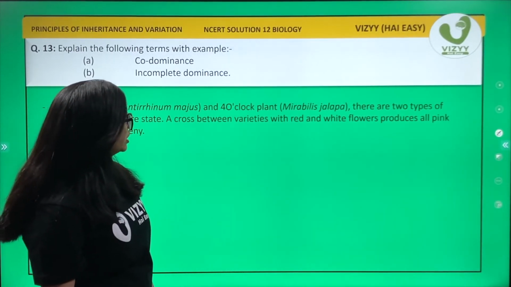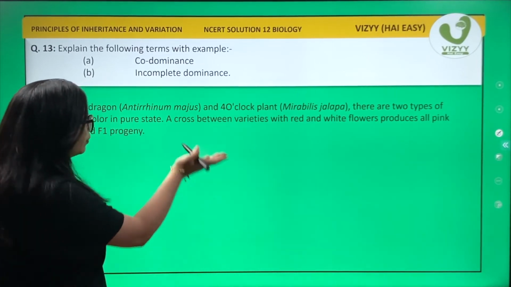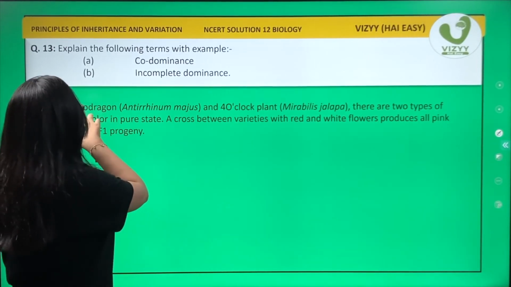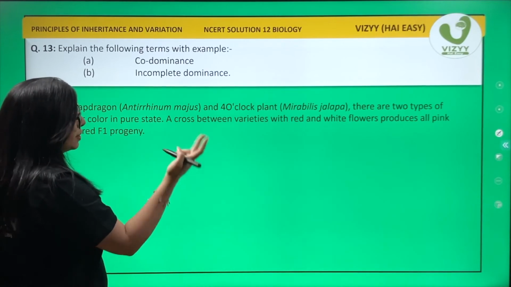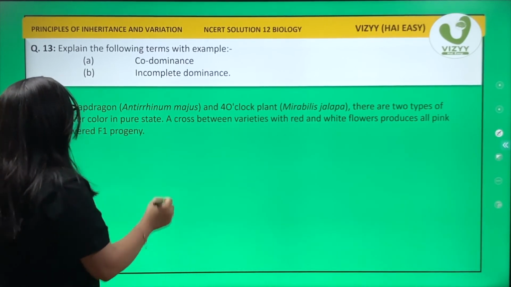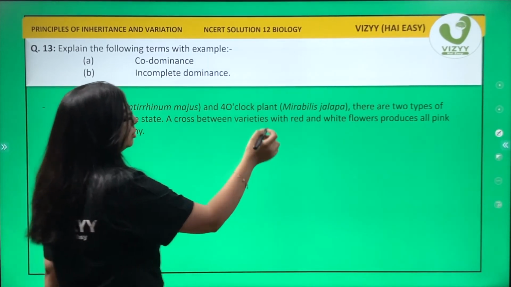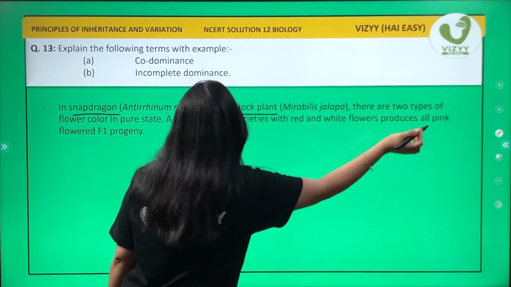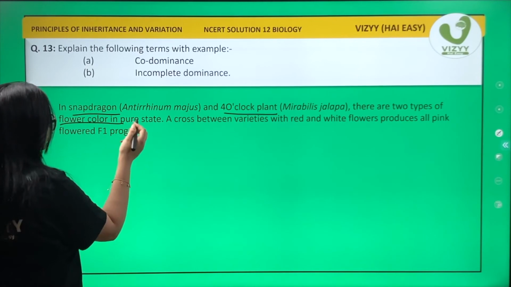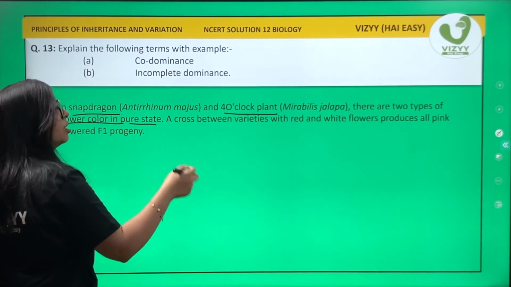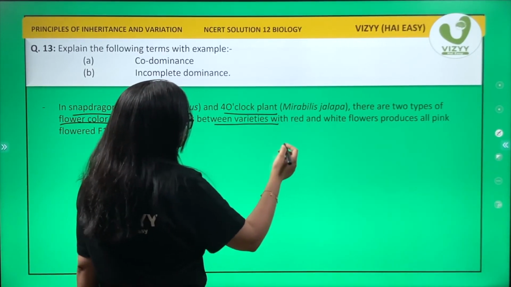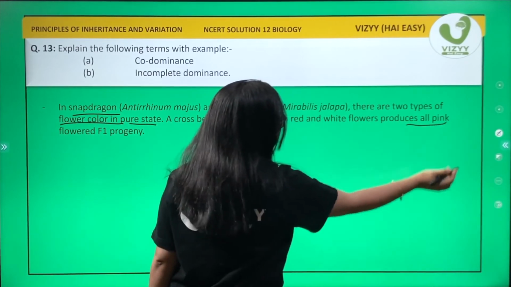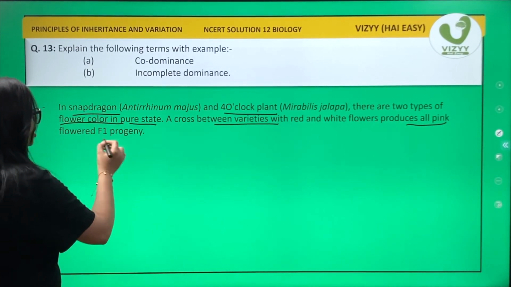Now, this is just an explanation of what we did previously. So there are two examples where you can see incomplete dominance, snapdragon and 4 o'clock plant, that is Mirabilis jalapa. There are two types of flower color in pure state. The cross between varieties with red and white flower produces all pink in the first filial generation.